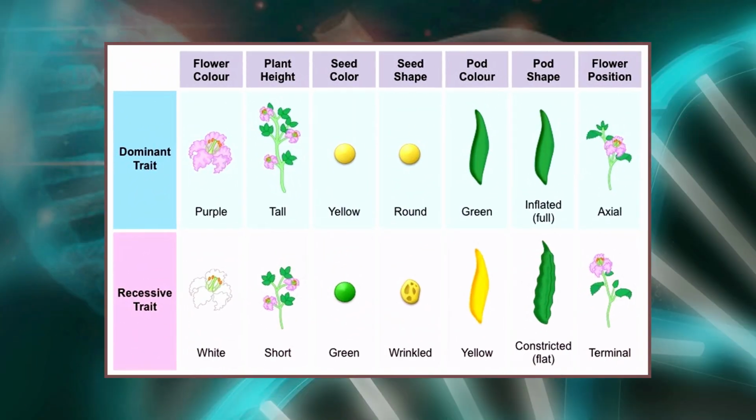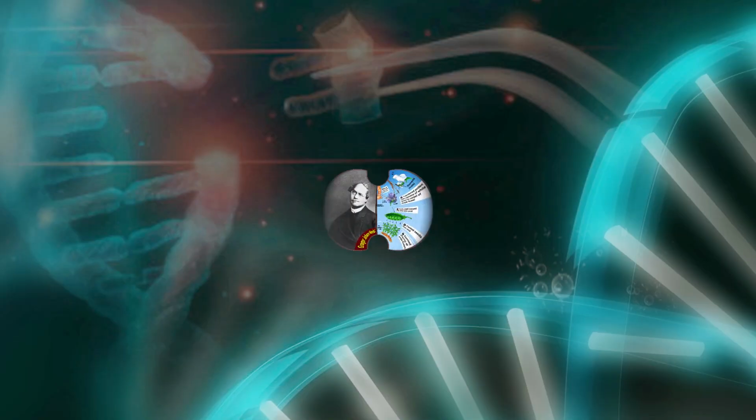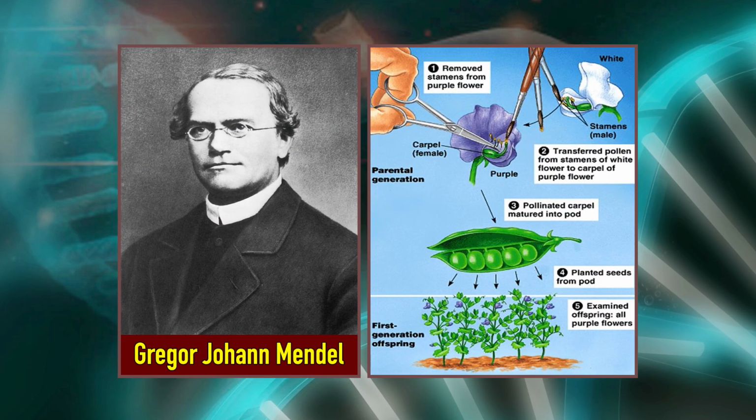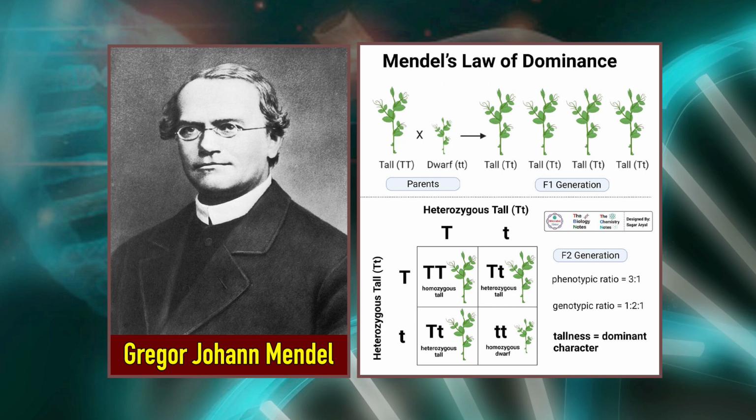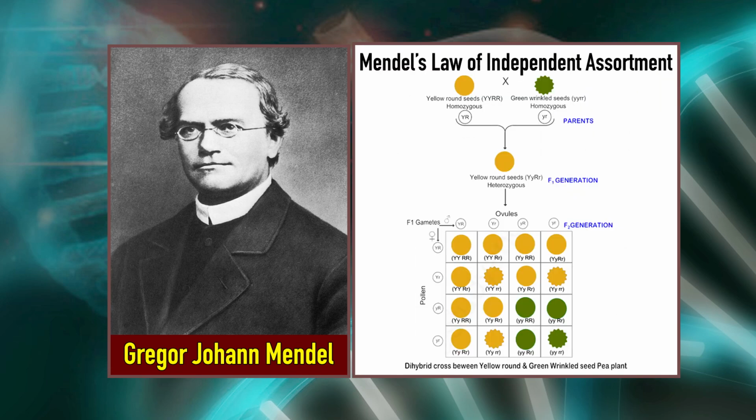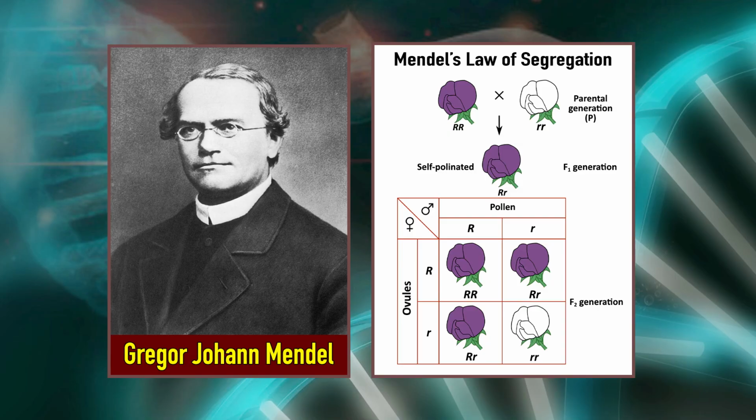Mendel studied the inheritance of traits between generations based on experiments involving the garden pea plant. He deduced that there is a certain tangible essence that is passed on between generations from both parents. Mendel established the basic principles of inheritance, namely the principles of dominance, independent assortment, and segregation.